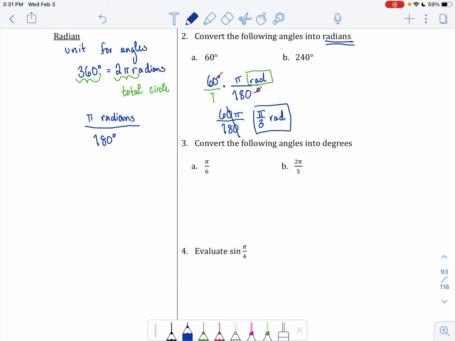So here it says convert the following angles into degrees. Now, one thing you'll notice is that if it doesn't say, here it always says degrees. Radians don't always say radians, but by context clues, if you see an angle measure with pi and no degree sign, that means that it's in radians.